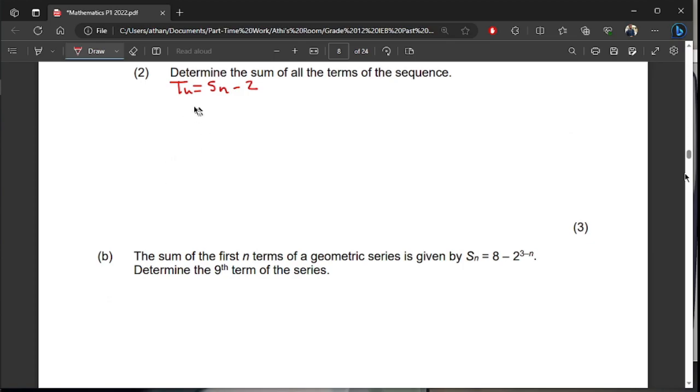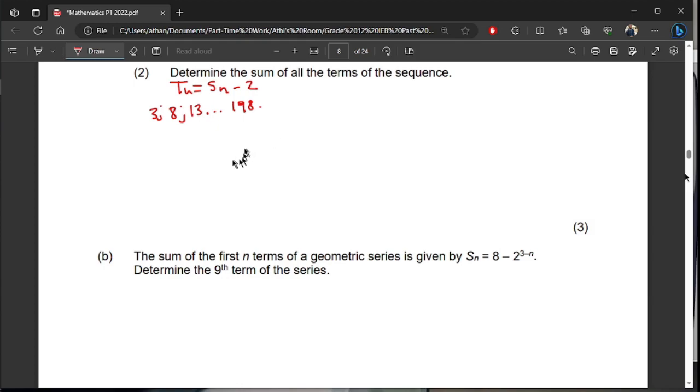To find the sum, let's first find our sequence. Starting from term 1, 5 times 1 is 5 minus 2 is 3. 5 times 2 is 10 minus 2 is 8. 5 times 3 is 15 minus 2 is 13, all the way till the last term, which was 198.